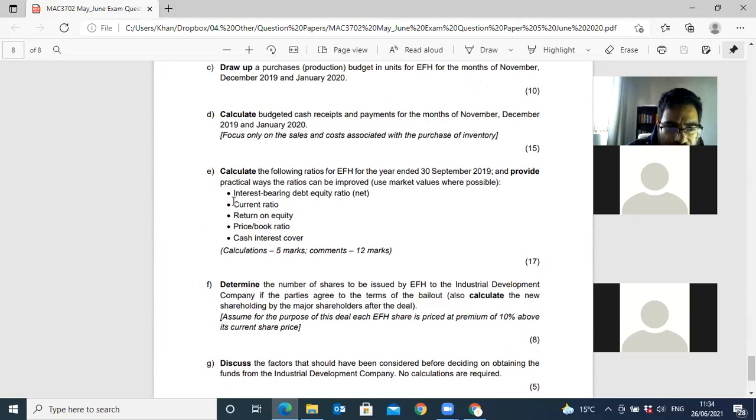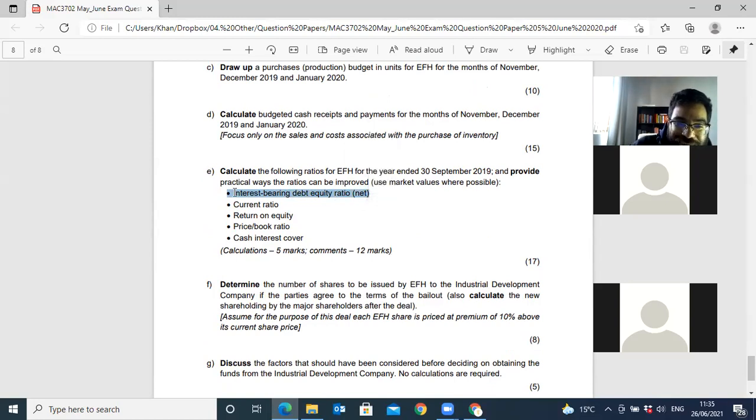So they ask for the interest-bearing debt ratio. Interest-bearing debt is basically interest-bearing debt over equity. Whatever's in your WACC calculation, whichever source of finance you used, is used in this formula.